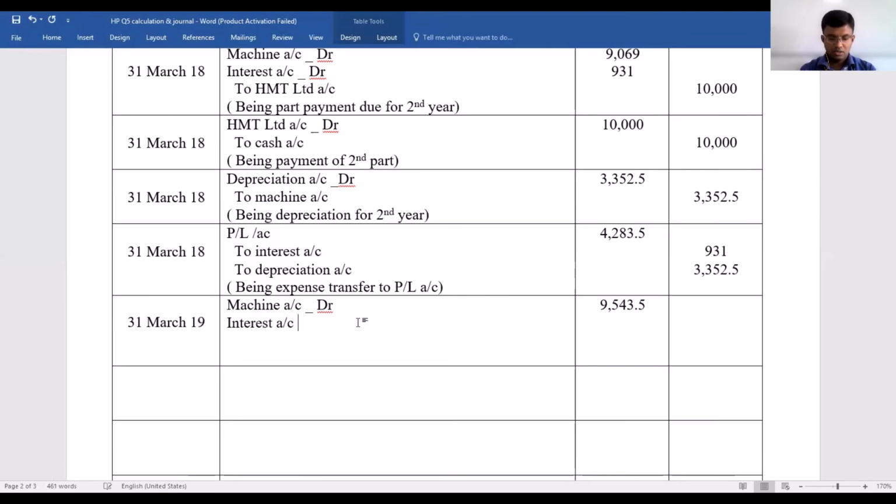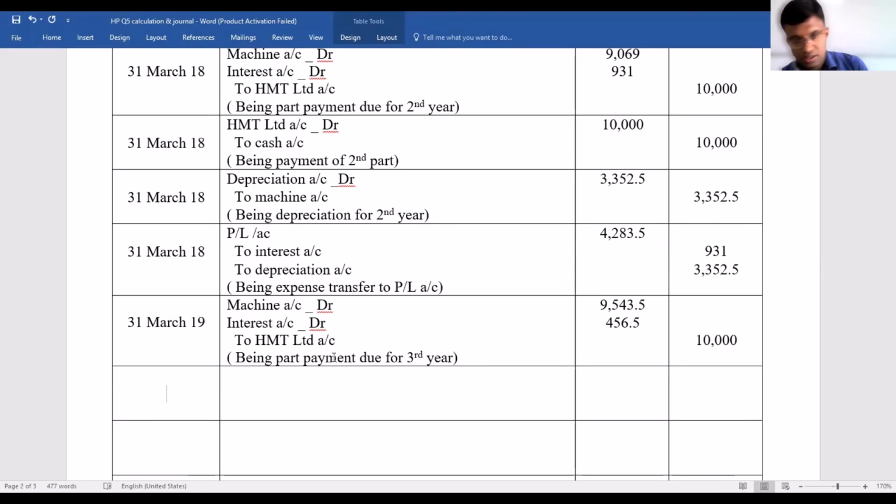Interest account debited 456.5. And this is becoming due to the vendor, which is HMT Limited account, which is 10,000, being part payment due for third year. So this we have completed for the third year.